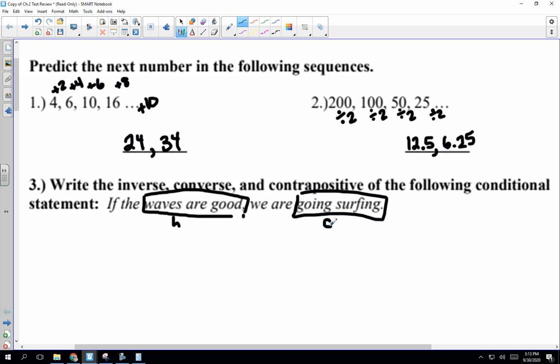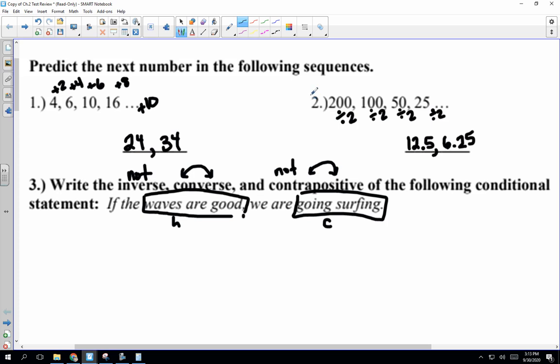That's the conclusion. So an inverse keeps the order. It just puts the not in front of it. A converse switches the order, and a contrapositive does both.